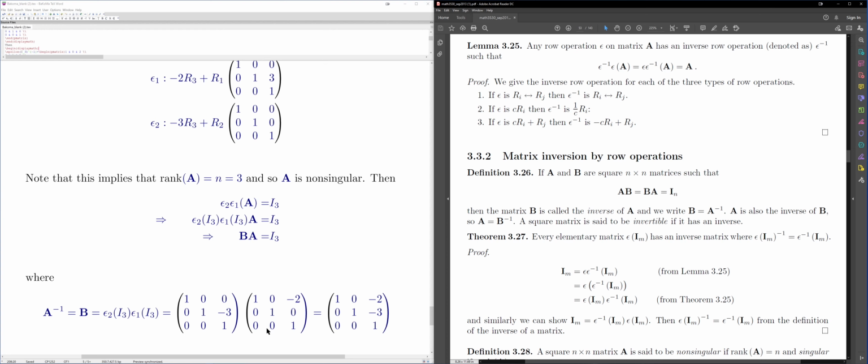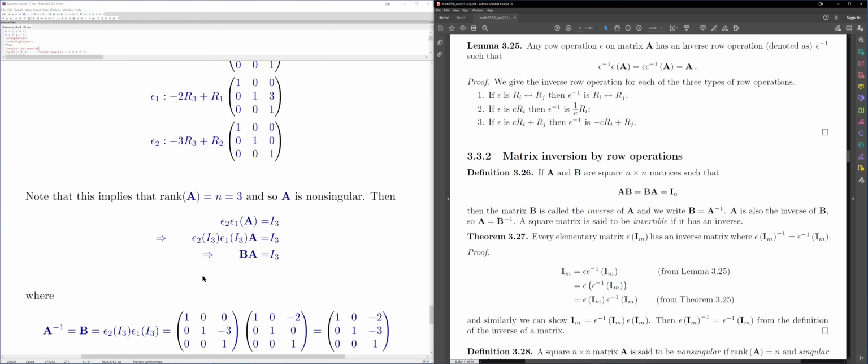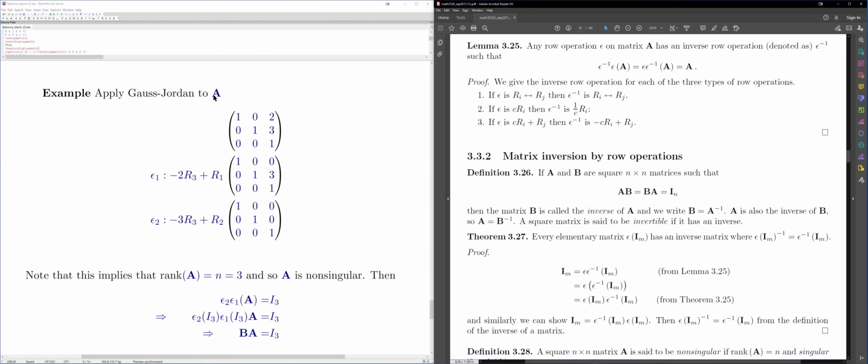Notice that these two are elementary matrices, and the product of these two matrices is this next matrix, which is in fact your inverse. So we got the inverse of the matrix A by using these row operations.